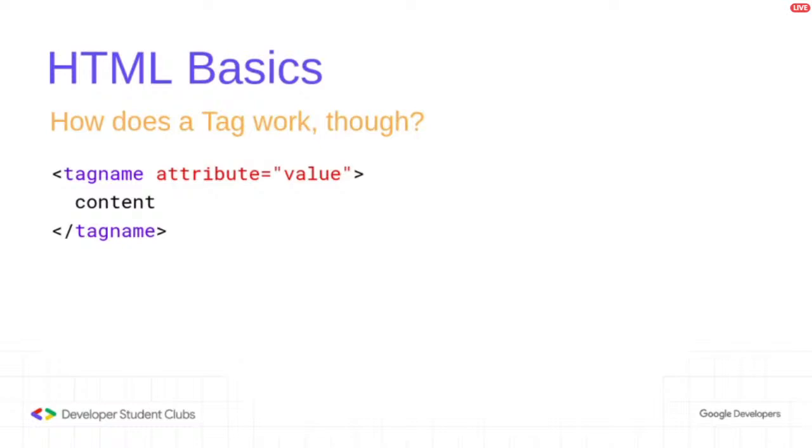So, the HTML document is just filled with tags. All right. But how do tags work? What is the structure of a tag? A tag has a name, it has an attribute, it has a value, and it has some content inside it. HTML is just this. It is filled up with thousands and thousands of tags. This is the fundamental part of an HTML page.